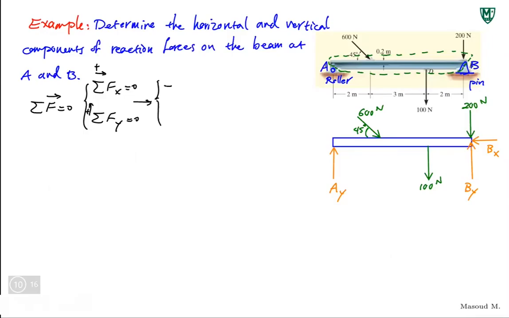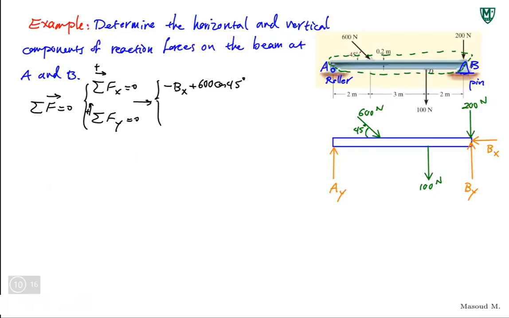Minus Bx, exactly. Since I took the right direction as positive, I put minus Bx. And I have 600 cosine 45, exactly. Thank you, guys. I feel good about this. You immediately see that: 600 cosine 45 degrees.